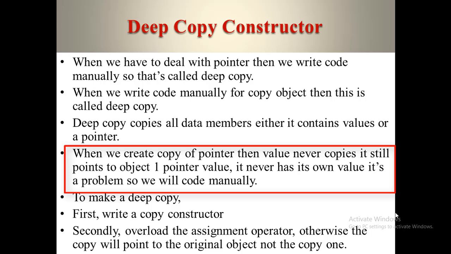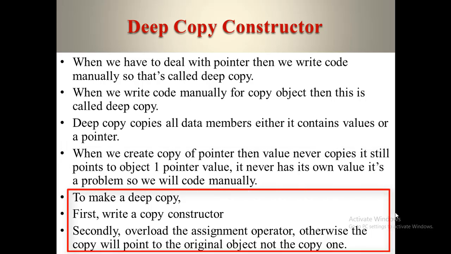So we will manually write the code to create a separate space to store the value in memory. To make a deep copy, first we will write a copy constructor, and secondly we will overload the assignment operator. If we never do that, the copy will point to the original object, not the copy.